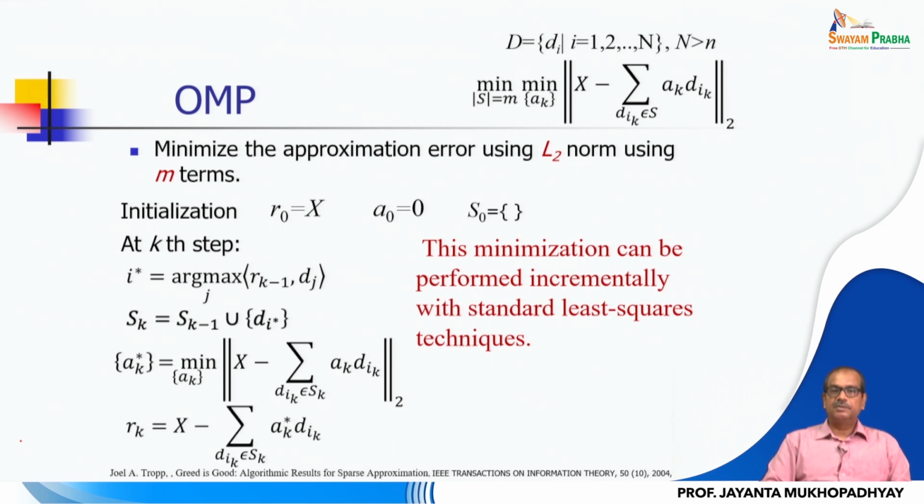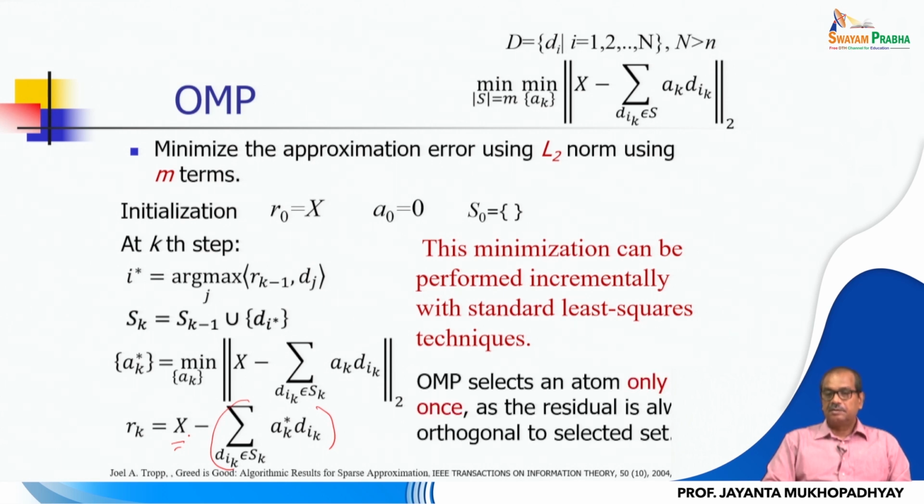Then you use the residual, update the residue vector by this form, subtract the combination approximation from your input vector x, and that becomes your residue, and you go on doing these things. So this is the property of orthogonal matching pursuit or OMP, that it selects an atom only once as the residual is always orthogonal to the selected set.